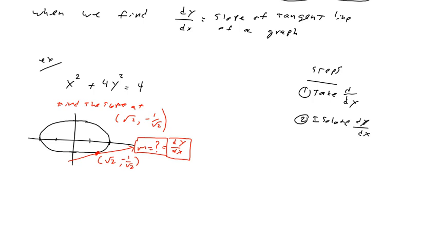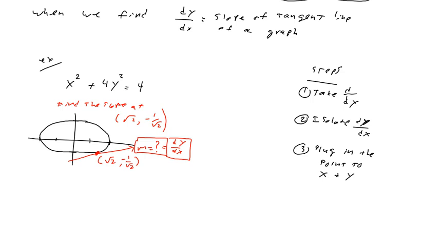Get the dy dx part by itself so you can solve it. And then 3, you're going to plug in the point to x and y in the function you get for dy dx. You're going to plug in the x and the y, because sometimes we have x's and y's, and we're going to get the slope at that point.